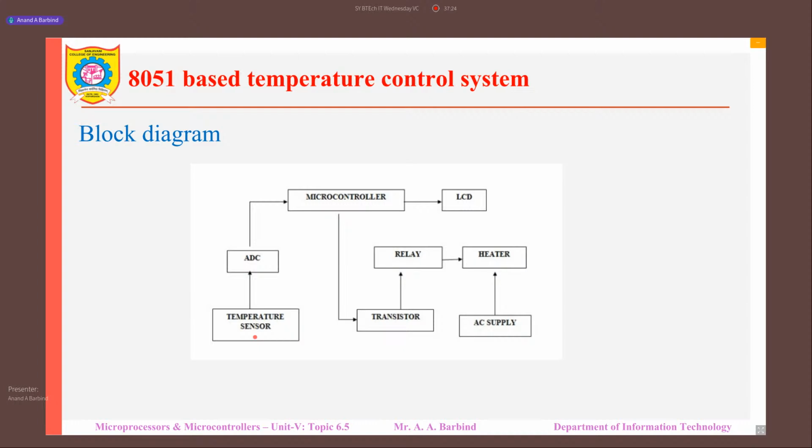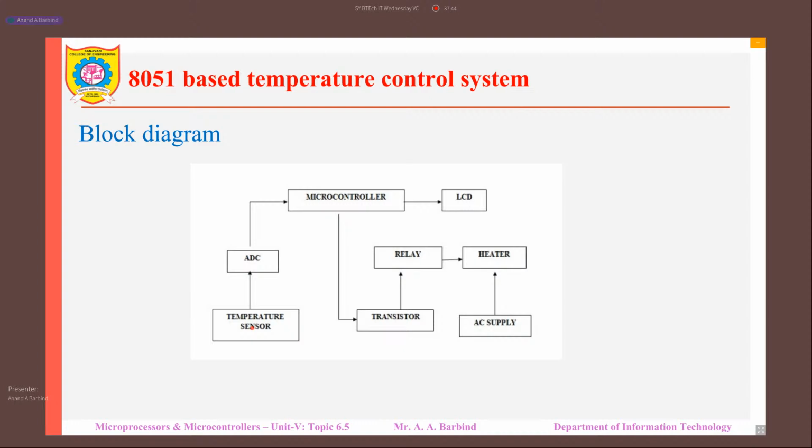Though the complete circuit, the other circuit, has not been shown here, usually the output of the temperature sensor is very low. Many temperature sensors sense the temperature and convert the temperature into a voltage.